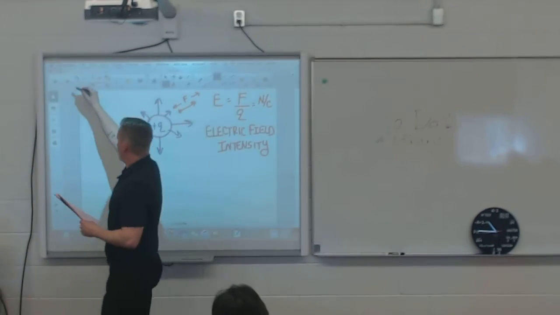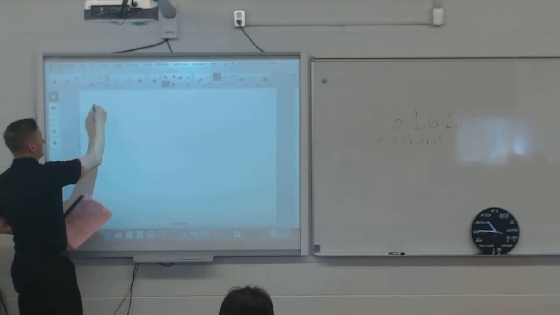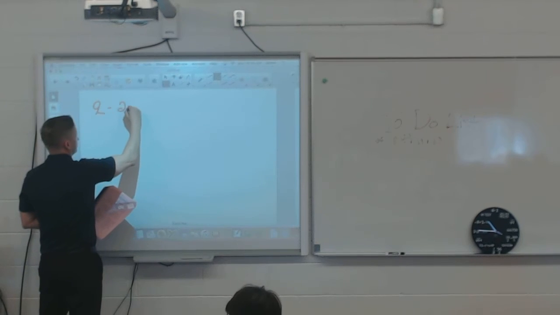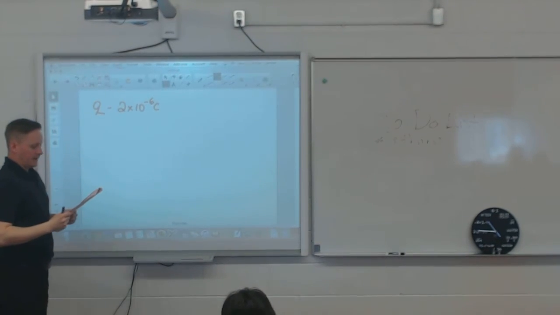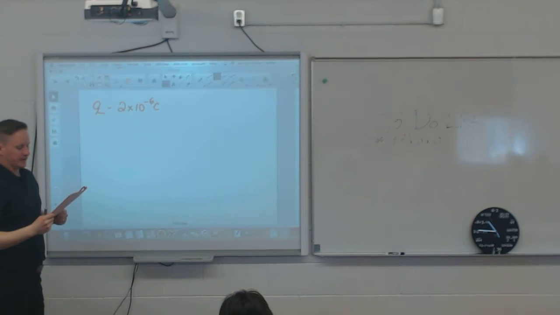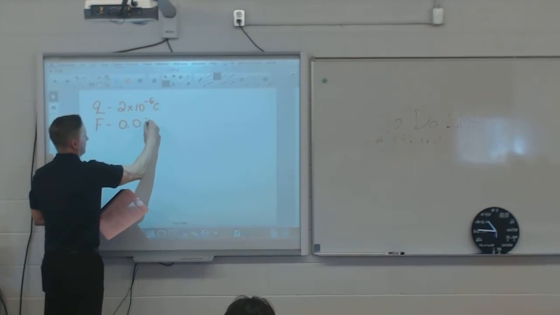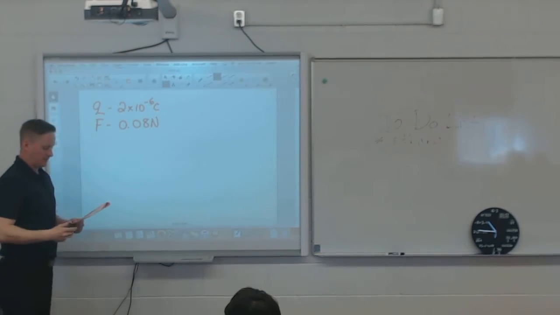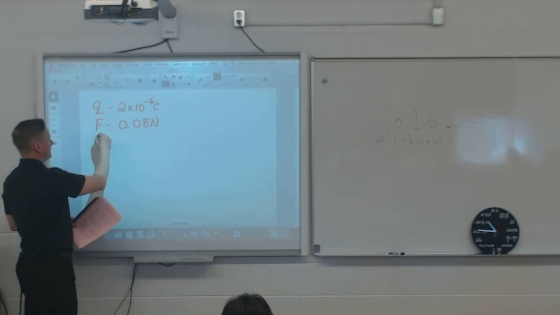So we'll look at one quick example question. A charge of 2 microcoulombs is placed in an electric field and experiences a force of 0.08 newtons. What is the magnitude of the electric field intensity?